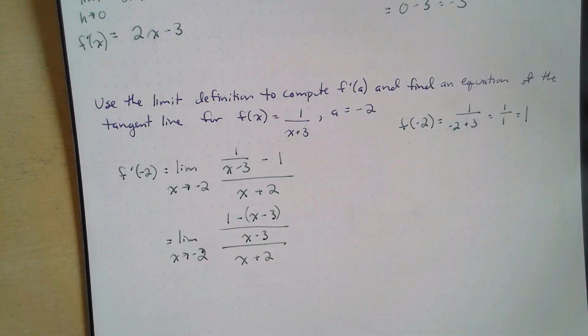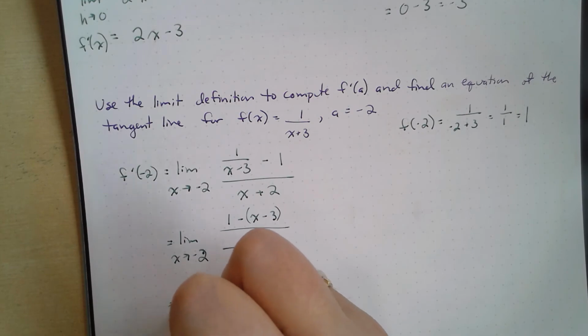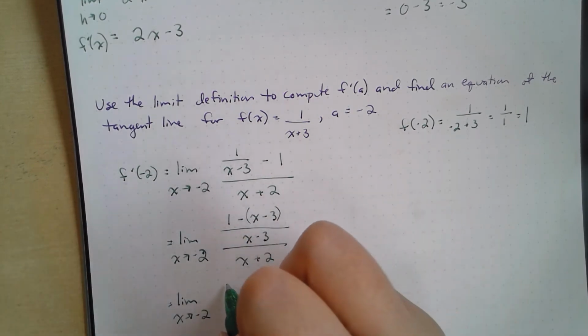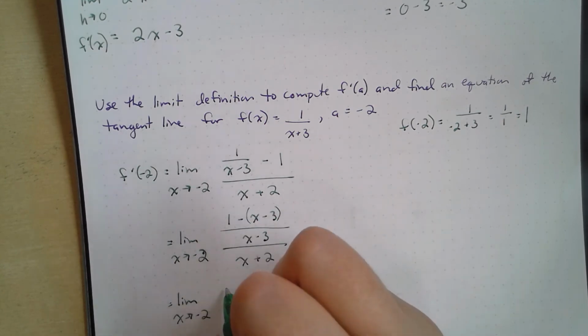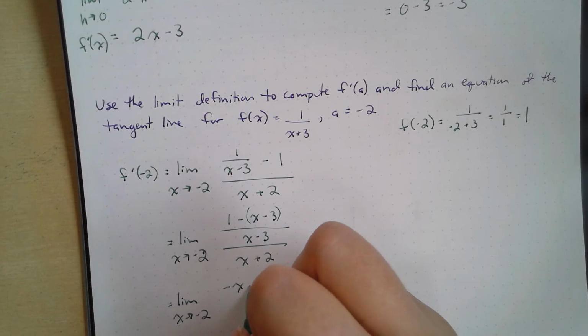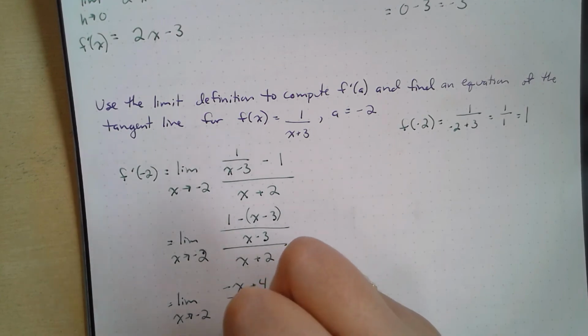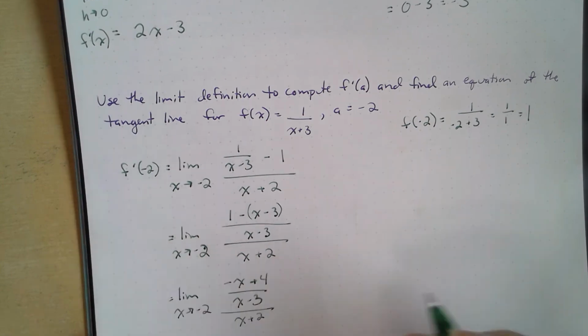I'm going to pause for a second and check my work. Okay, I think it's right. We'll find out if I'm wrong later, and maybe you can correct me in class. So I'm going to have 1 minus a negative 3 is 1 plus 3 is 4. So I have negative x plus 4 over x minus 3 all over x plus 2.